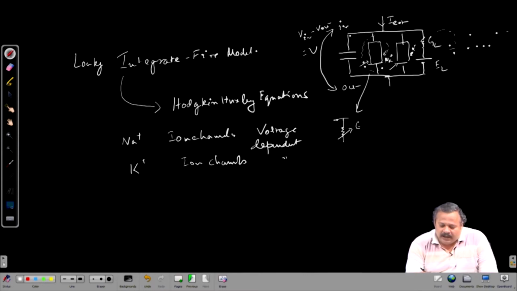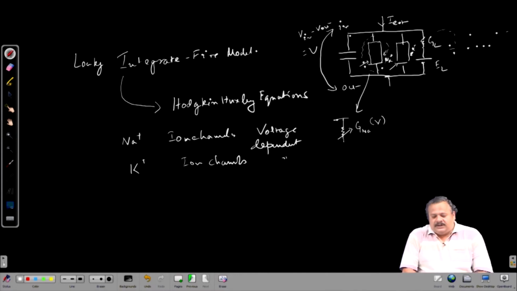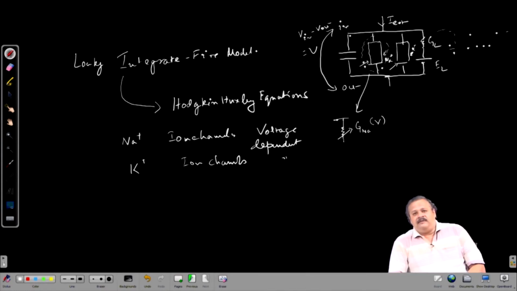We can call that conductance GNA as a function of the voltage across the membrane. If you recollect our discussions on the voltage gated channels, this must capture the behavior of the ion channel as the voltage changes when there is some current injection.